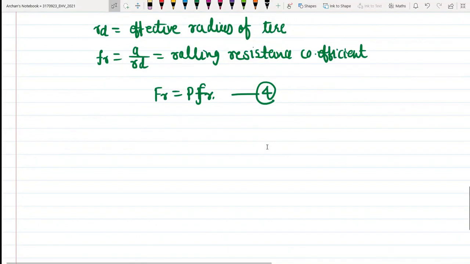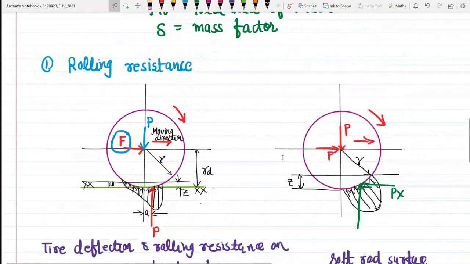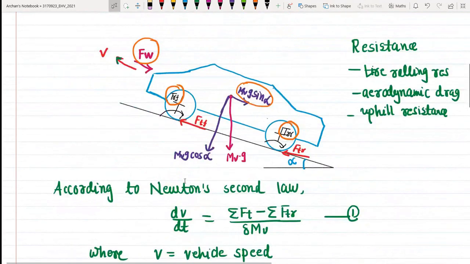So in this case, what is the perpendicular component? You can see it is m v g into cos alpha, right?